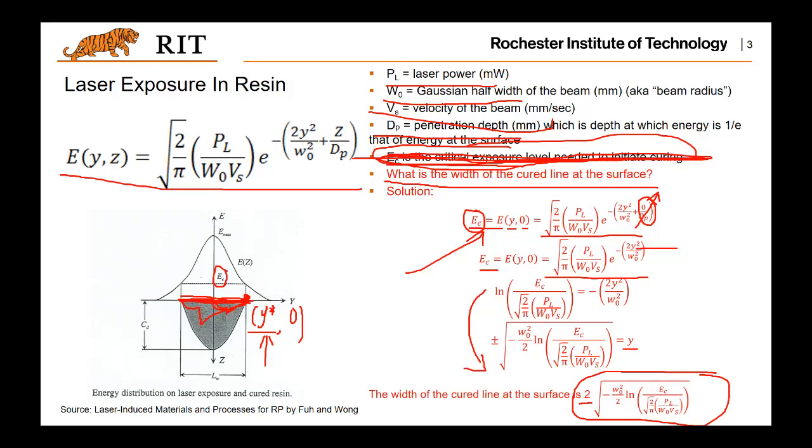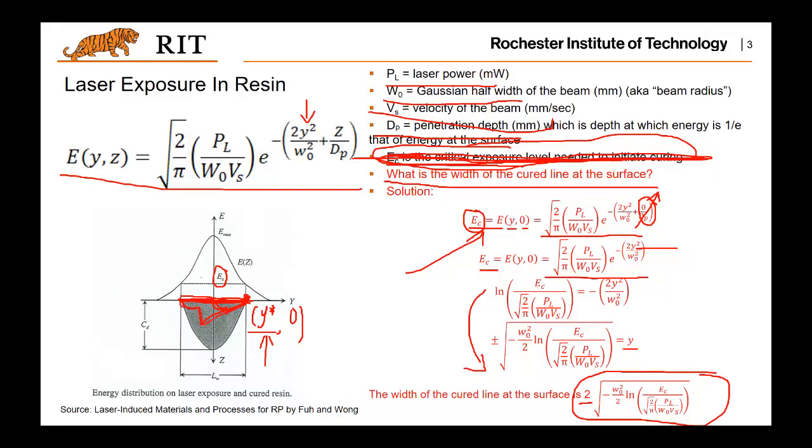Would you just use that first equation and plug in for y? Exactly. Yeah, that's even simpler than this. So what you want to do is just substitute the width here. But one thing you want to be very careful about is what is given.